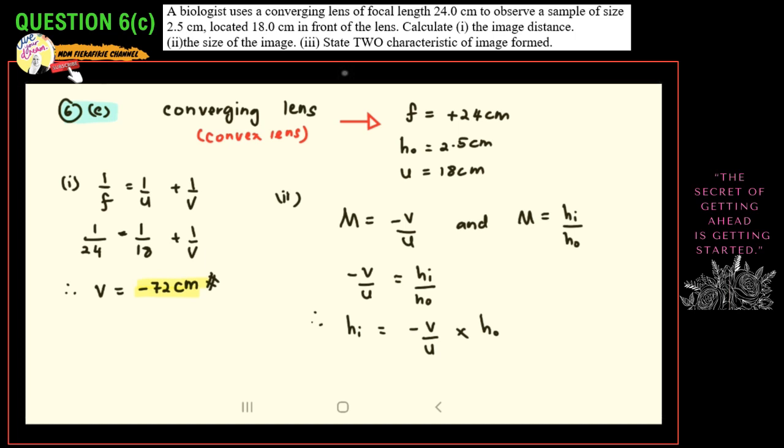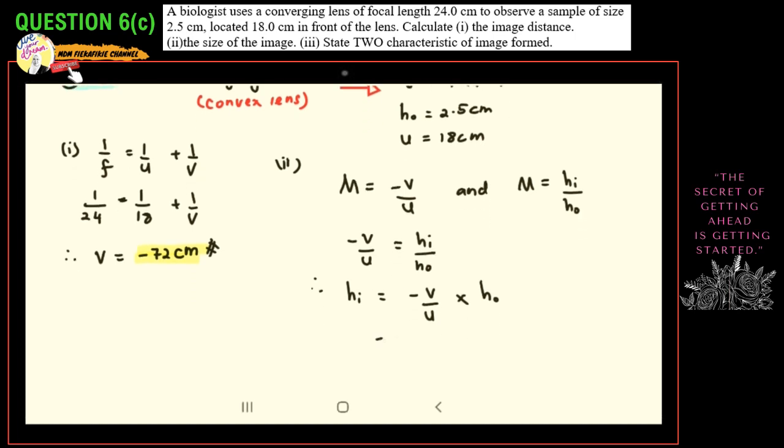Okay, so let's write negative V is equal to negative 72 over 18 centimeter times the height of the object, which is 2.5 centimeter. Therefore, the final answer is equal to 10 centimeter.